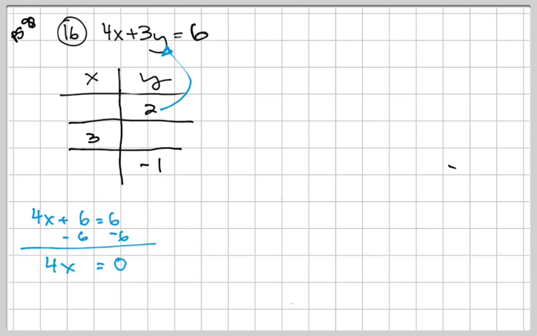And then there was a similar problem like this on the test, where you came across something that's equal to 0. And I did see an answer of no solution. That is incorrect. If we divide by 4 in this case here, x is equal to 0, and that is a number. That is a solution.